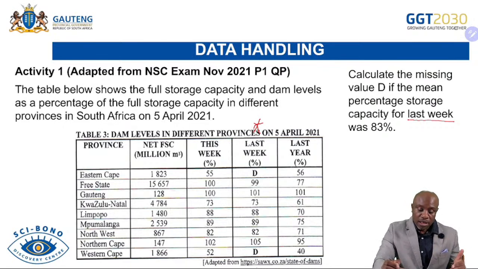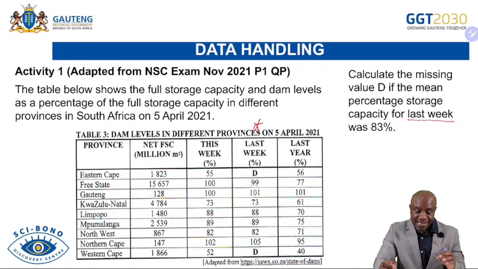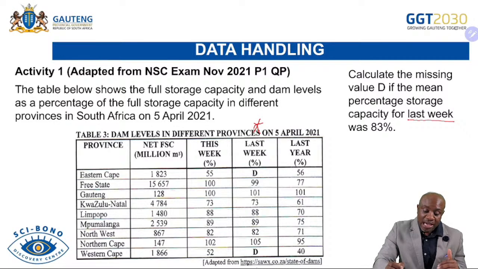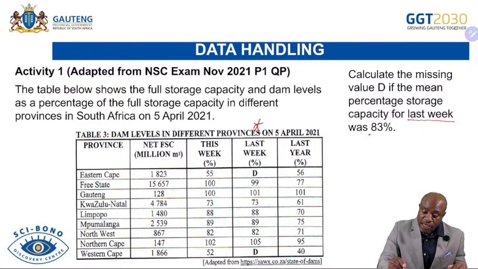It's maths before you do the literacy part. The literacy part is reading and writing, but there is a maths component there, which is not huge, but it needs to be done properly. So you need to add the D and the D. You will get 2D. And you add the rest of the numbers, and then you divide, like I did the other one, by 9, and the answer must be equal to 83.